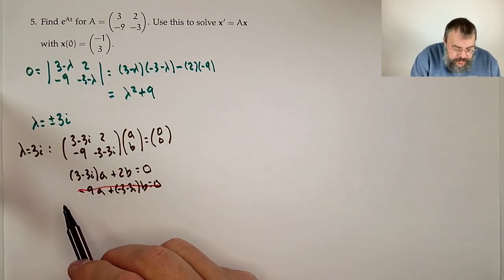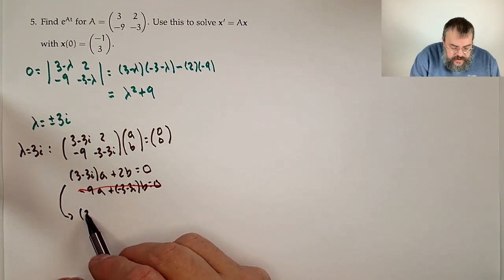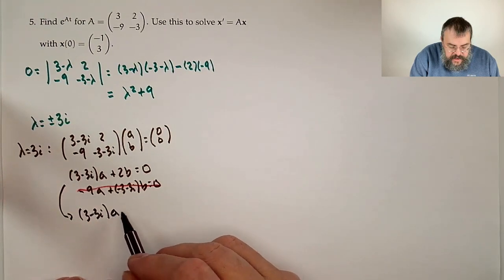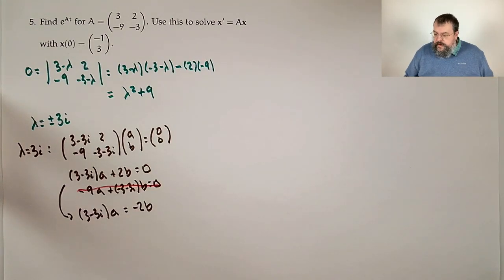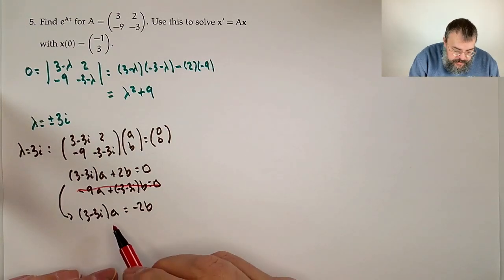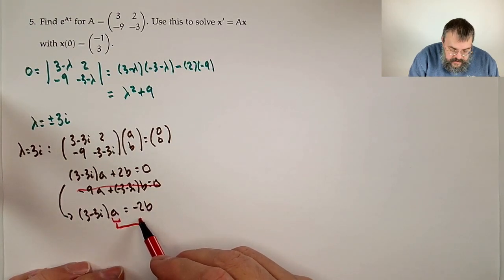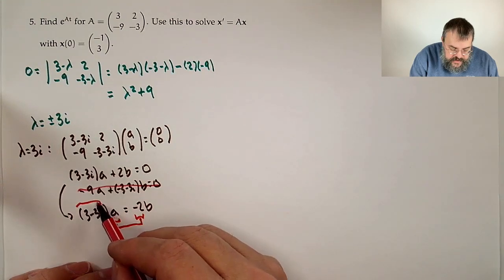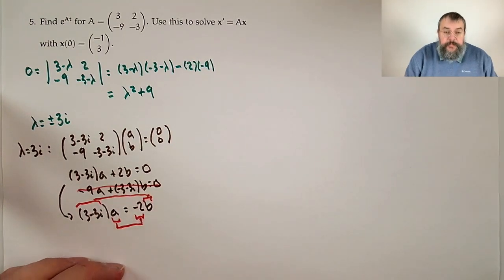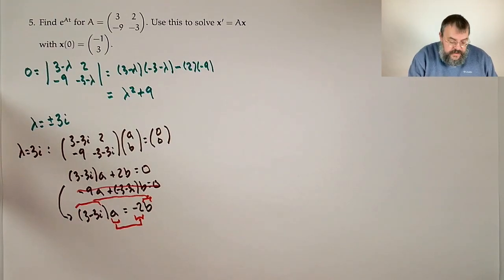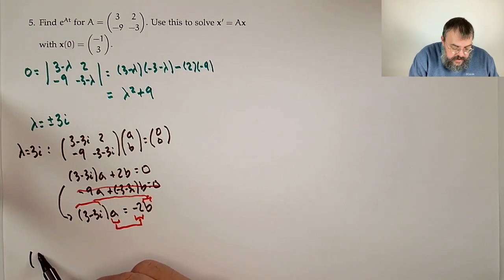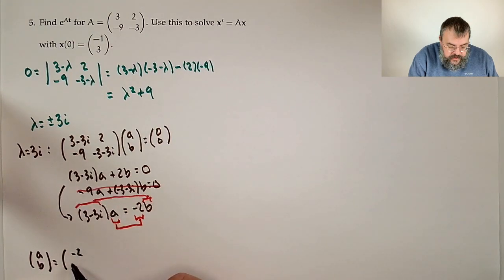One way to think about it is to say, well, 3 minus 3i times a equals minus 2 times b. And now pair it up. By that, what I mean is, the a can be the minus 2, and the 3 minus 3i can be the b. And so we say, aha, here's an eigenvector that works, namely a, b is minus 2, 3 minus 3i.